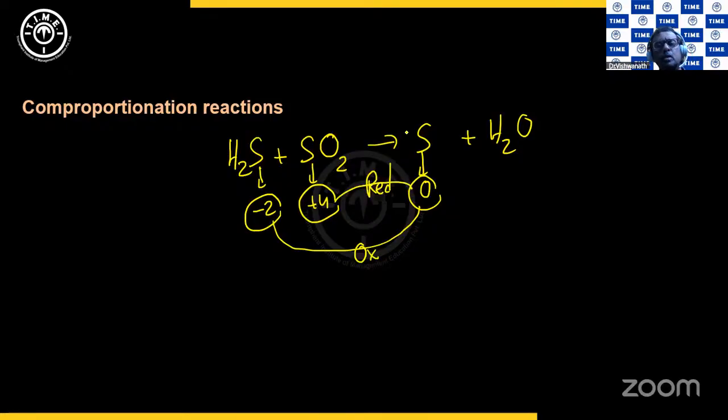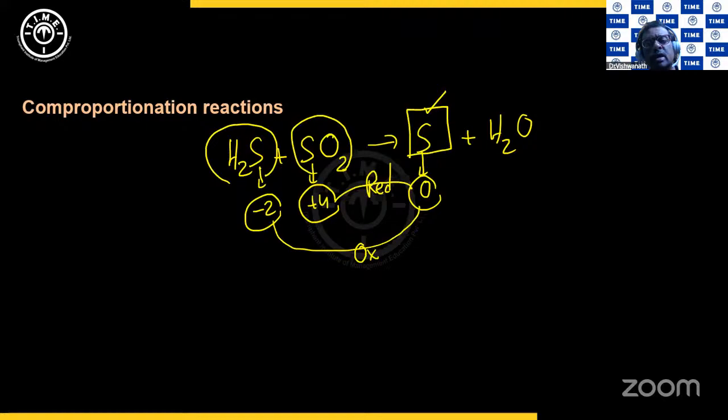So we said disproportionation is a single species turning into an oxidized and a reduced species. But here there are two different species which are forming a common substance. That is comproportionation, which is the opposite of disproportionation. In a comproportionation, you have the same element sulfur, right? On the left, you have two different species.